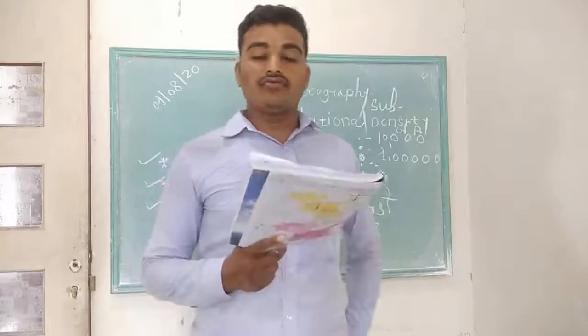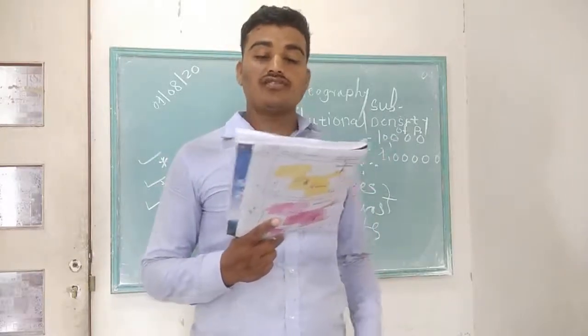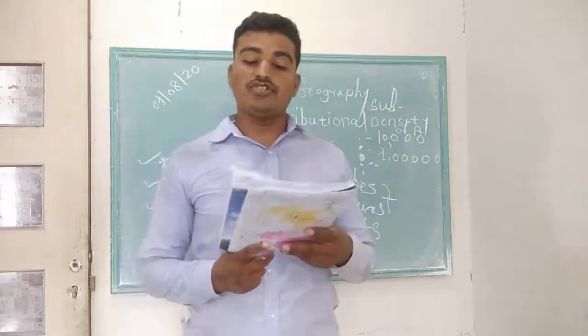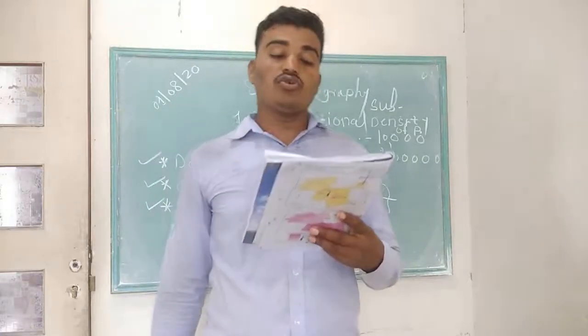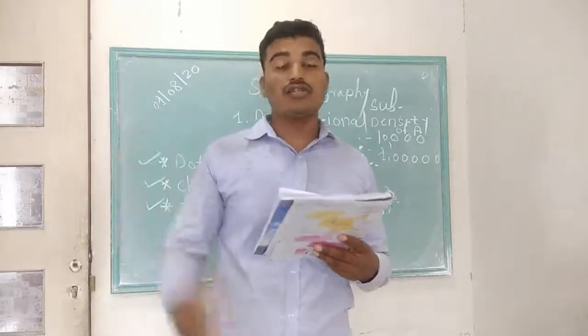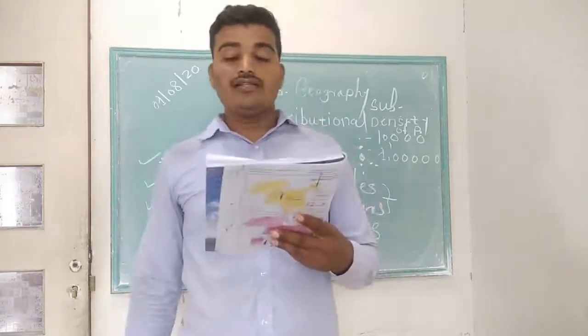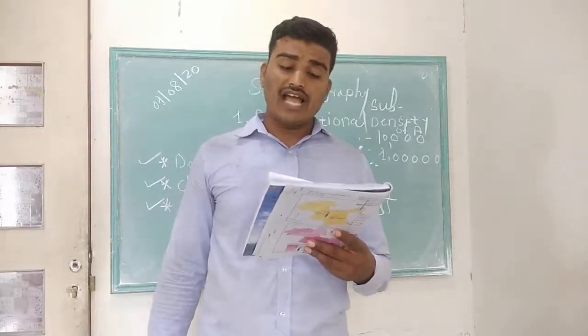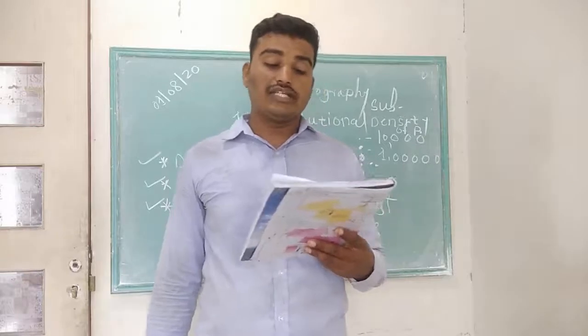You have seen contour maps and isobar maps in earlier classes. In these maps, the distribution was shown with the help of lines showing equal values. So when the distribution of a variable is continuous, the isoplate method is used to show the distribution.